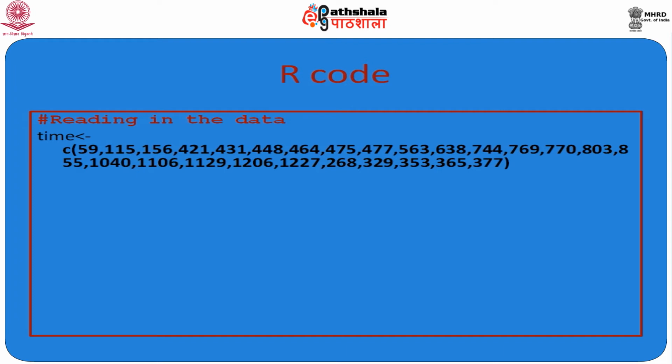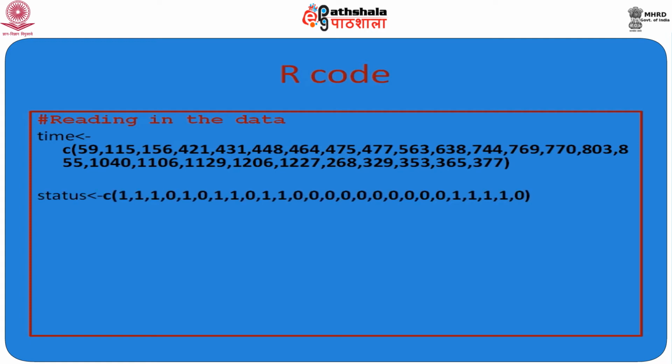Secondly, the status of the patients is given as 1 and 0, the last status of the patients at the end of the study. Now Rx is given as 1 or 2, where 1 is the reference group and 2 is the intervention group considered here.